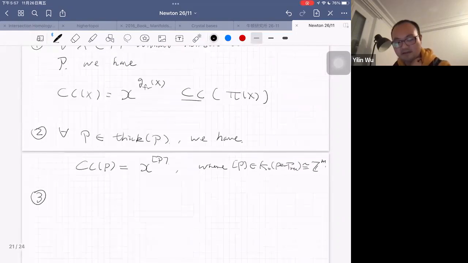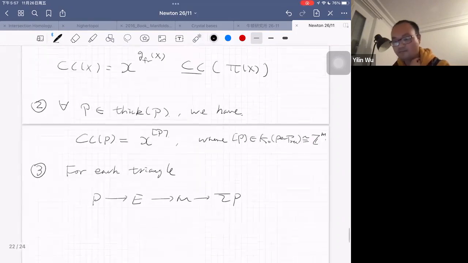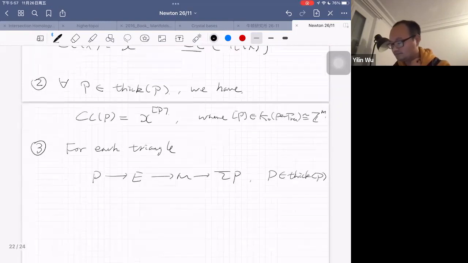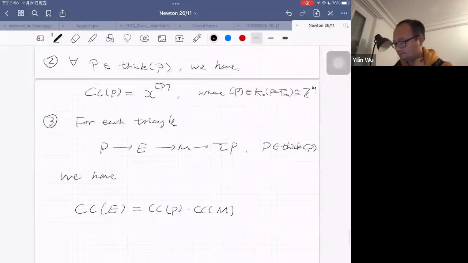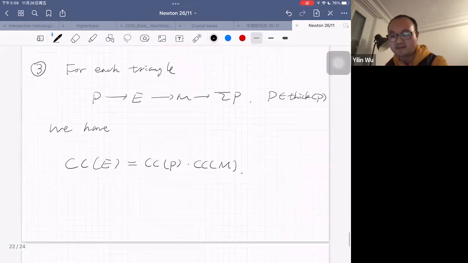And the last result is for each triangle P to E to M, where the P is in the subcategory generated by P. We have this equality. So I stop here. Thank you.